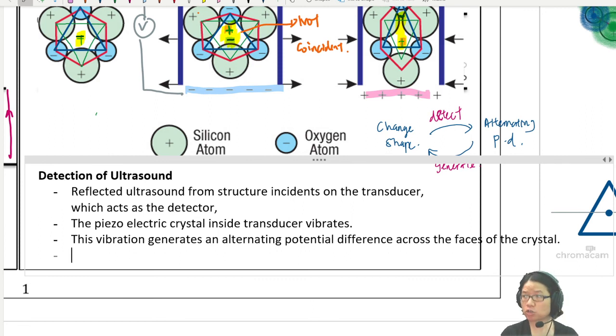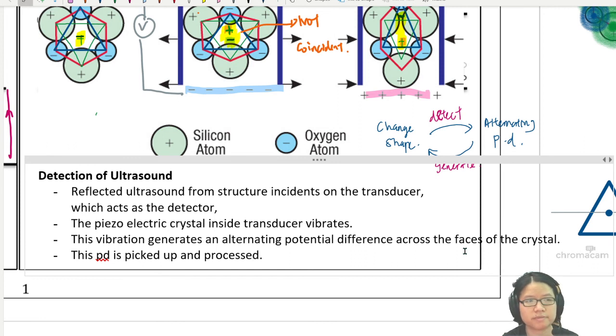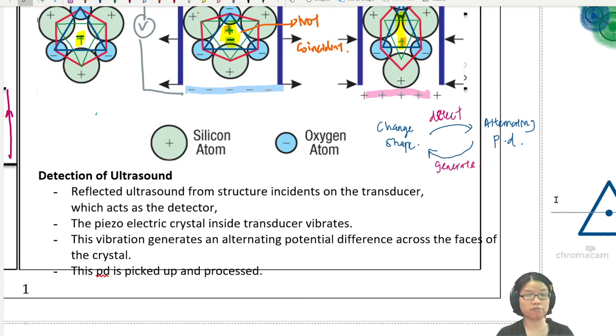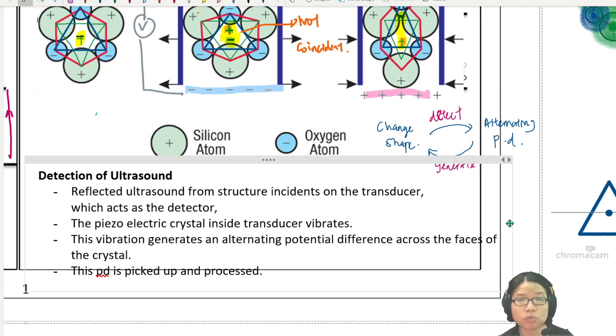We measure it. So this PD is picked up and processed. Generally it's already detected. We will talk about the processing after we have studied a few more subtopics.